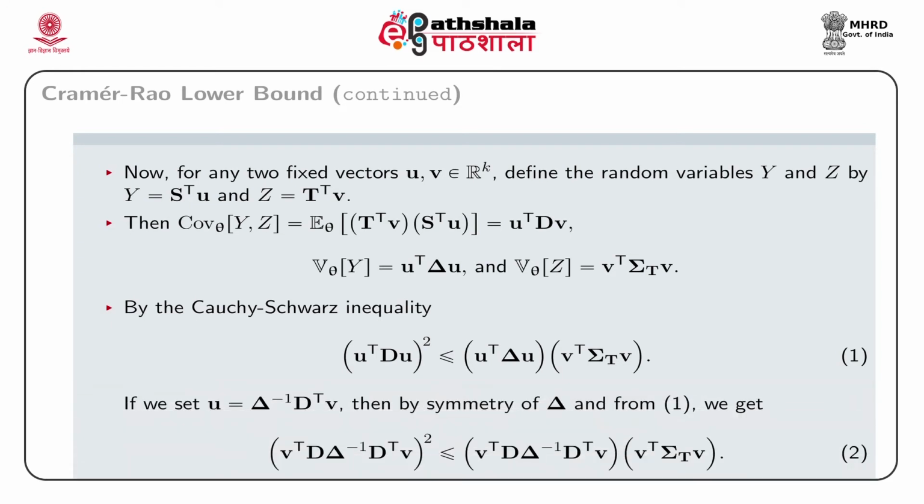Now, if we set u equal to Δ inverse D' v, then as Δ inverse prime equals Δ inverse, because Δ is symmetric, from 1 we get (v' D Δ inverse D' v) squared is less than or equal to (v' D Δ inverse D' v) into (v' Σ_T v). We write this as equation 2.